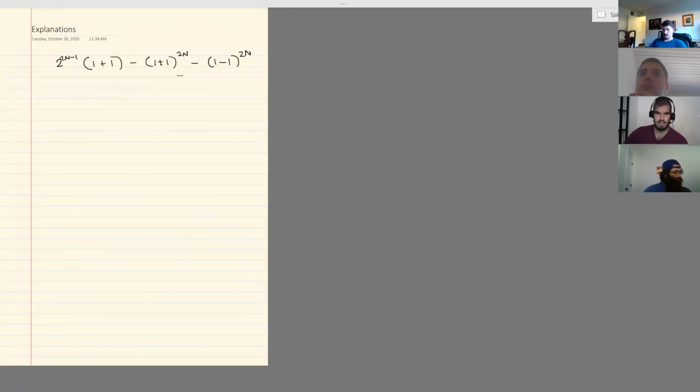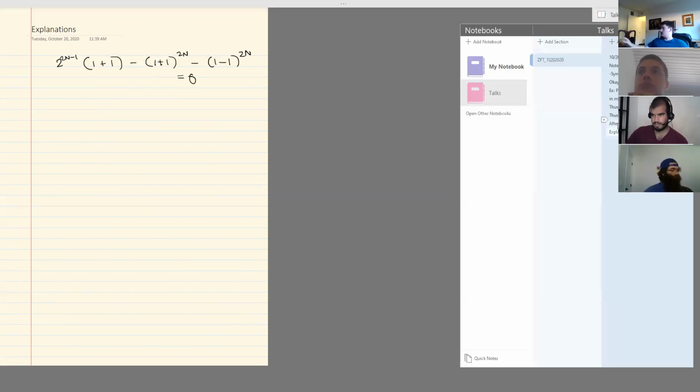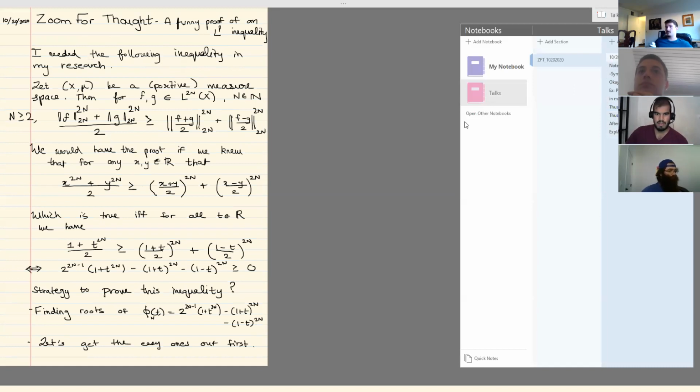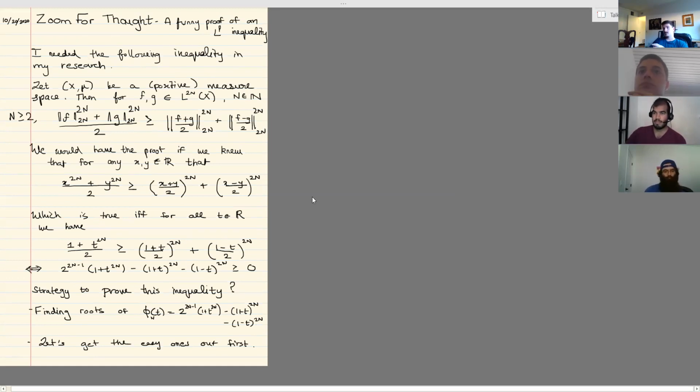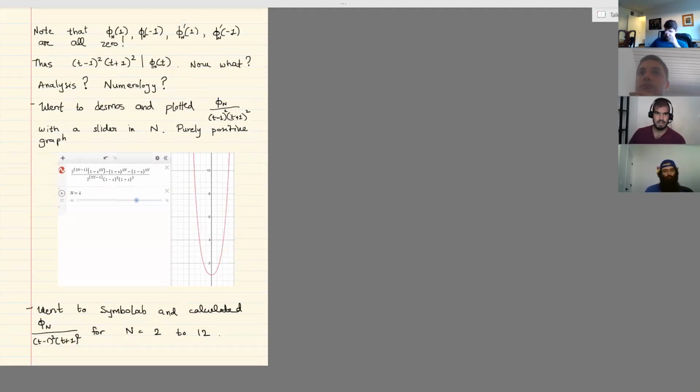So this is 0. And similarly, negative 1 also gives me a 0. Now, taking a cue from Vaki's talk last week, we can differentiate this polynomial, and then we see that the derivative also has zeros at plus and minus 1.